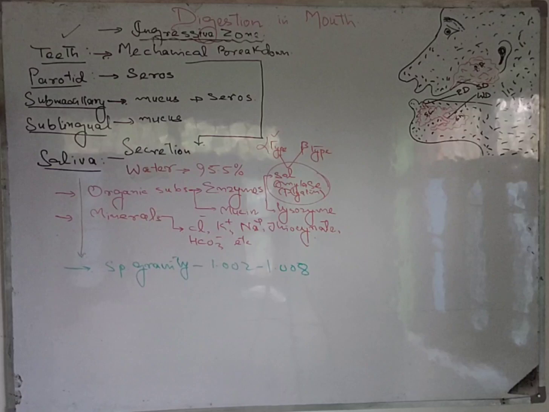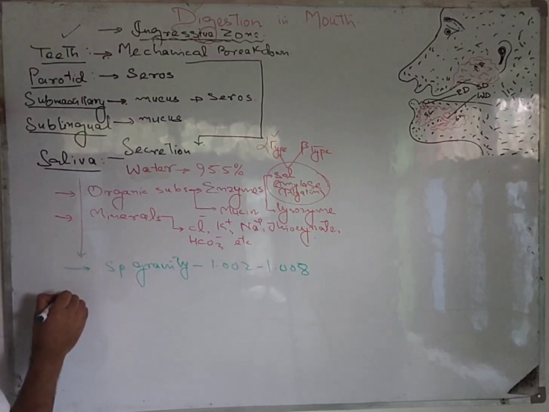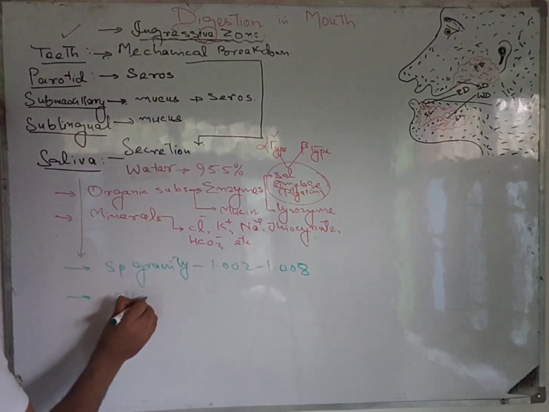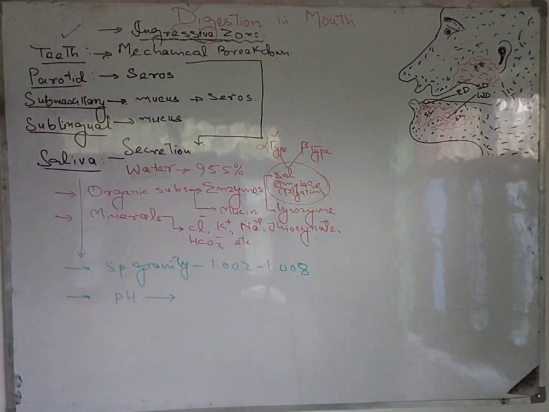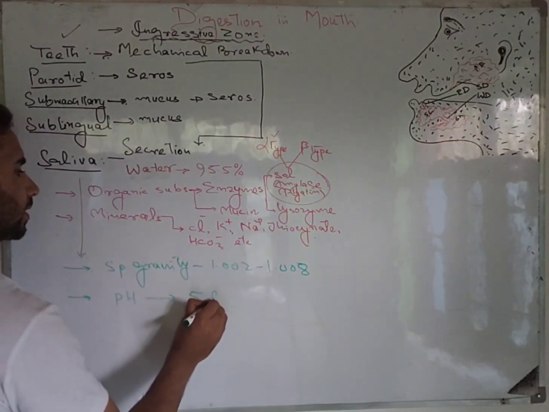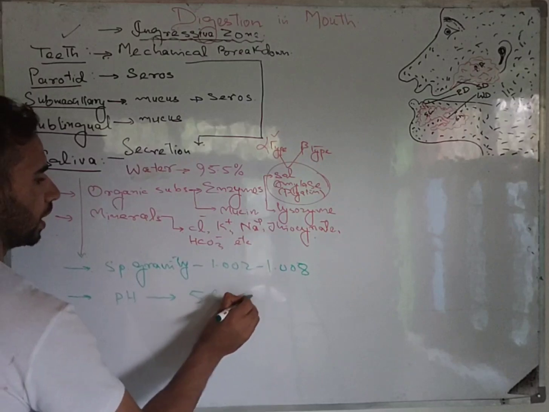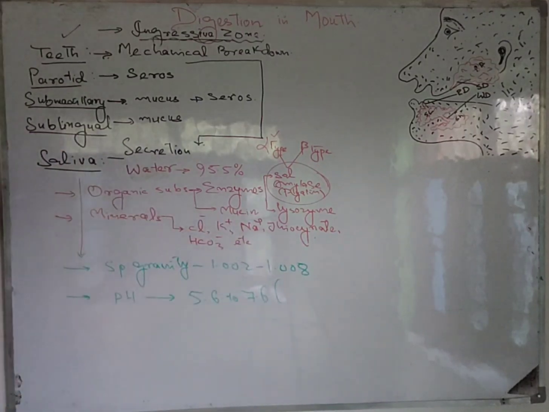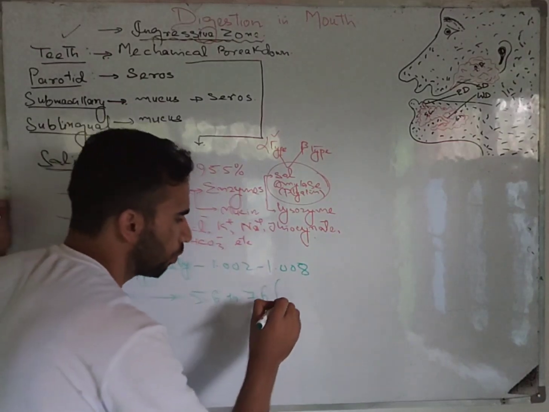And so far as its chemical property, that is pH, is concerned, the pH ranges from 5.6 to 7.6 with an average of 6.8.